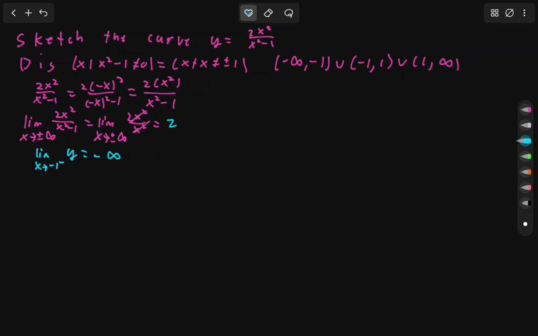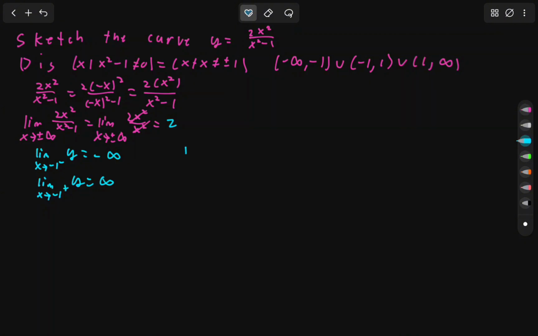Then, looking at the limit as x approaches -1 from the right, we see that y is going to approach infinity. Alright.